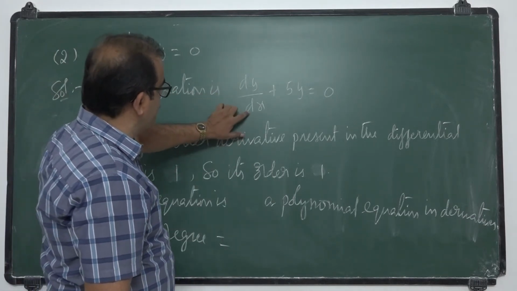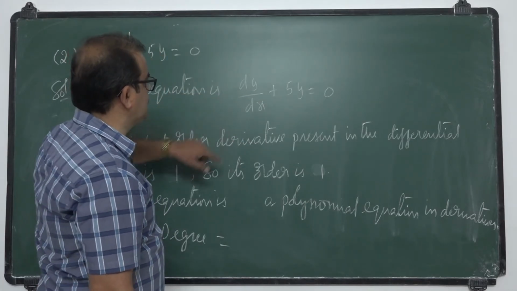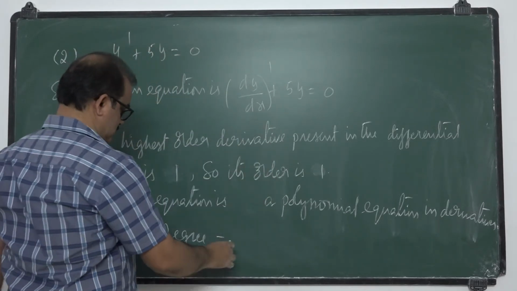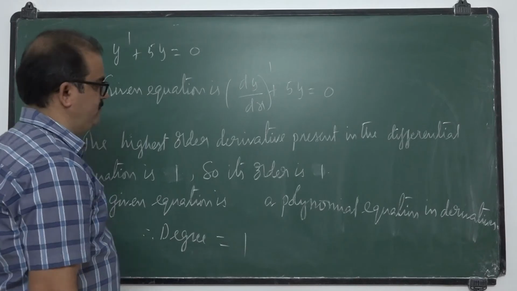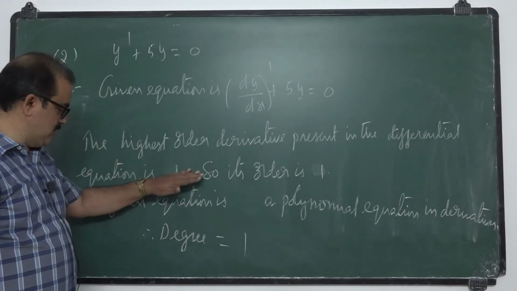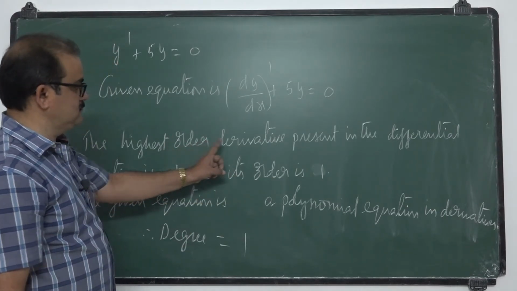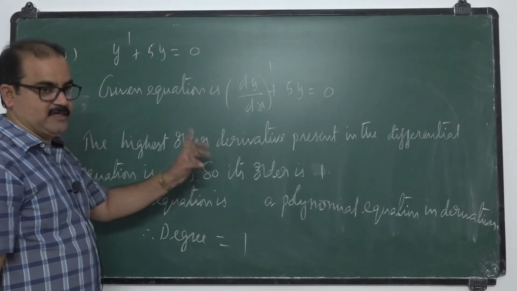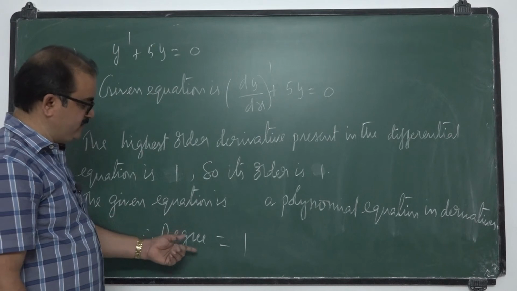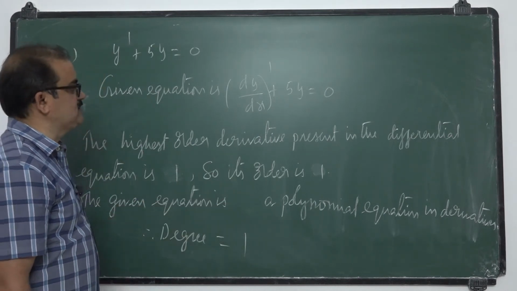Here the highest derivative is dy by dx. What is the power of dy by dx? That is 1. So degree is equal to 1. See, you observe the difference between order and degree. Order means the highest order derivative in the equation. Degree means the power of that highest order derivative, called the degree of the differential equation.